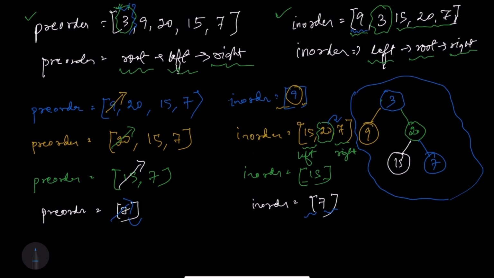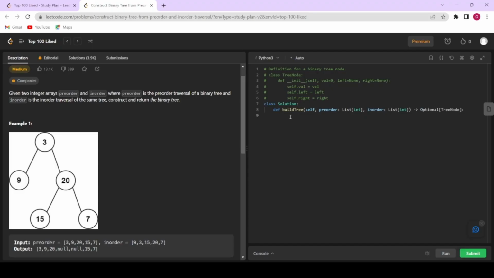We will head over to Leetcode and we will try to code whatever we have understood from this. To start with, we have to check if we have our preorder and inorder arrays, and if not, then we will be returning None. Now let's determine our root node.